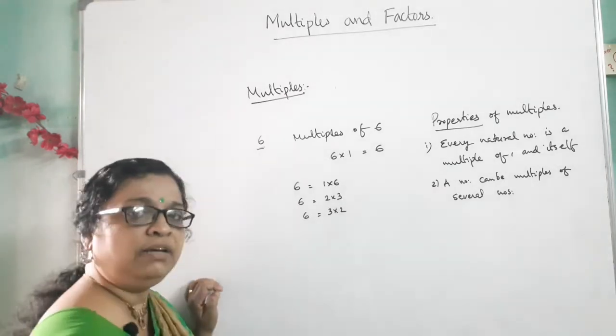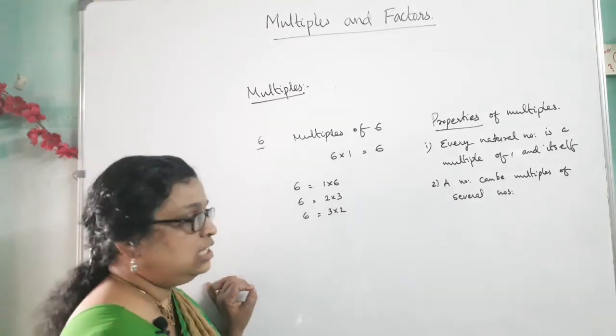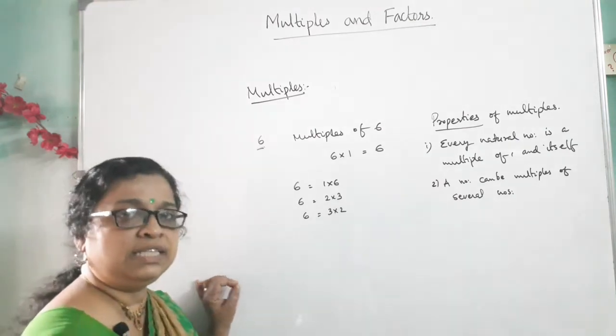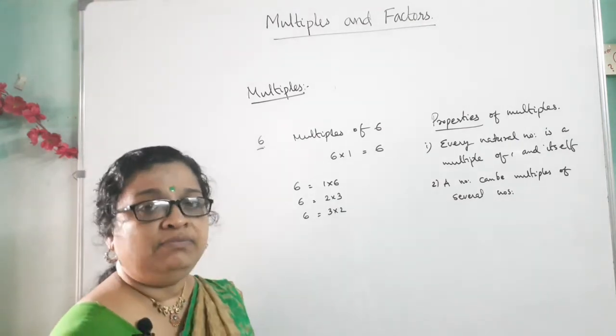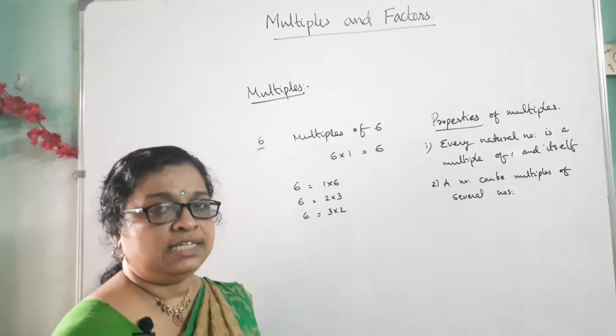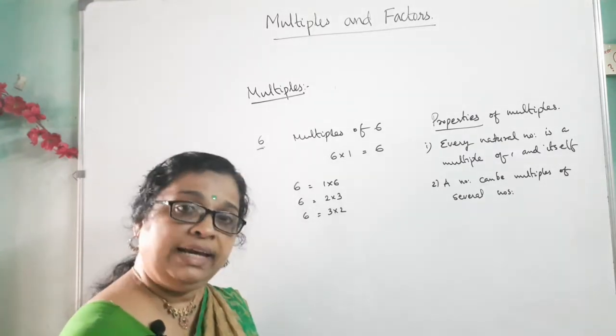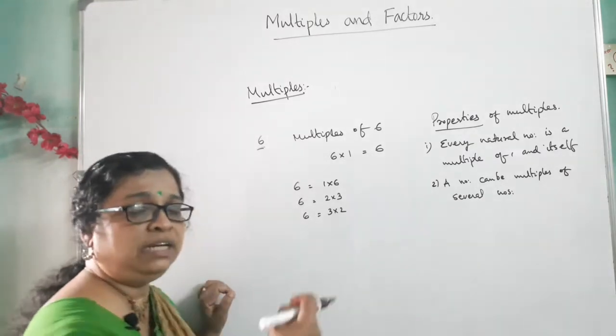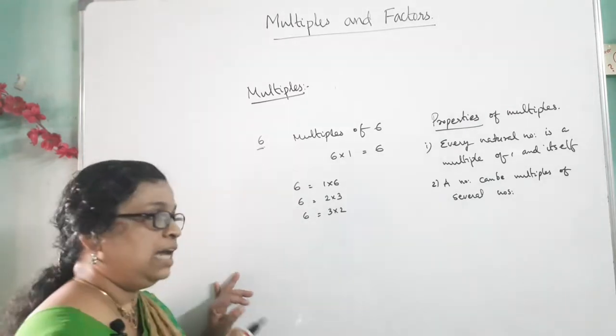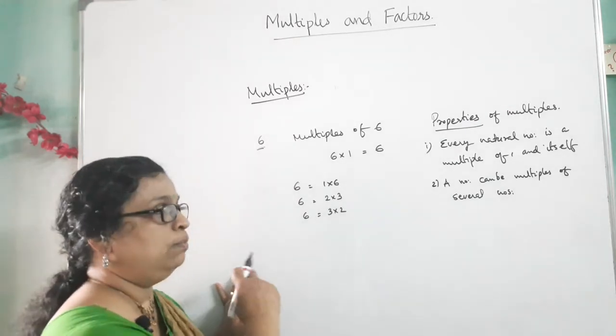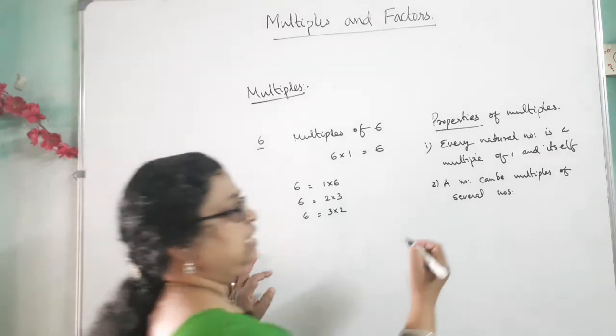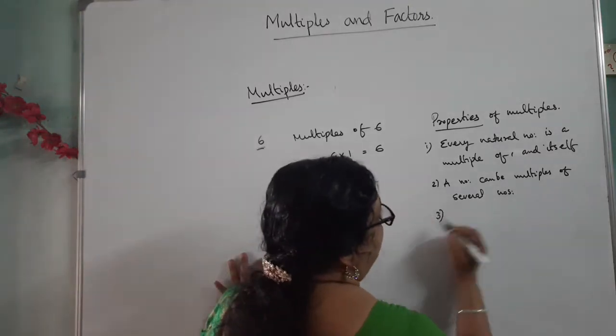That is, we multiply with 1, we get the first multiple. When multiplying with 2, the value increases. Multiplying with 3, the value again increases. So, multiples mean the value increases. The natural numbers are not ending, so multiples are infinite. That is one property of multiples.